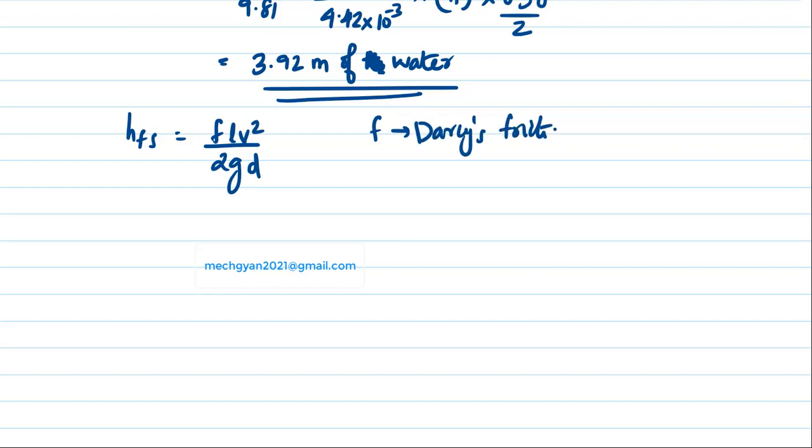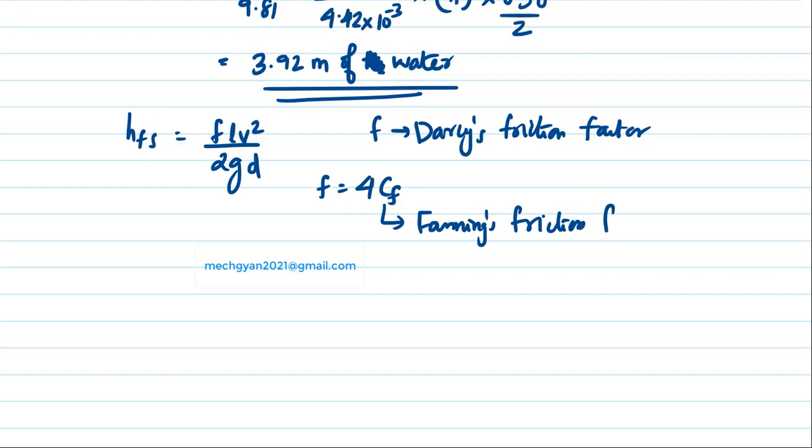Here there is a possibility of a mistake. Basically F can be written as 4 times CF, where CF is Fanning's friction factor, also known as coefficient of friction.